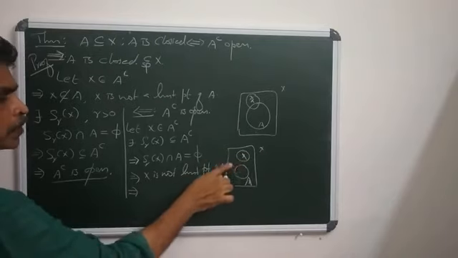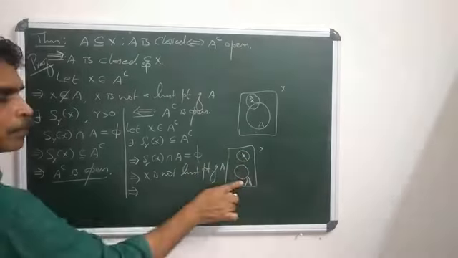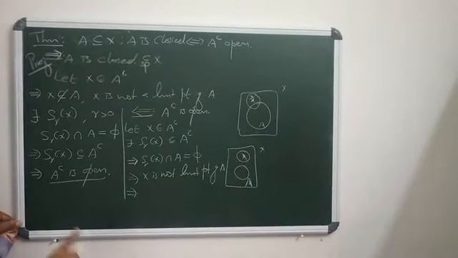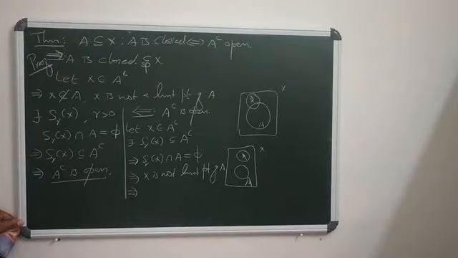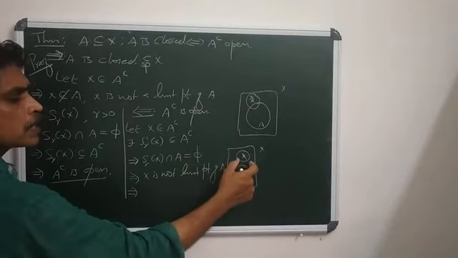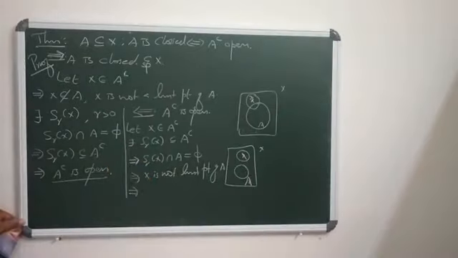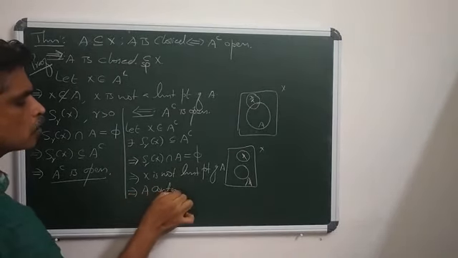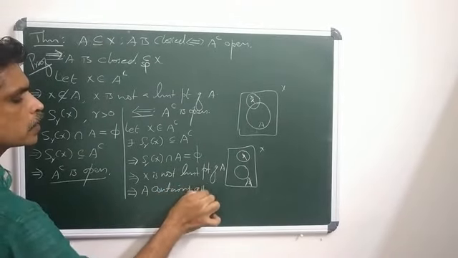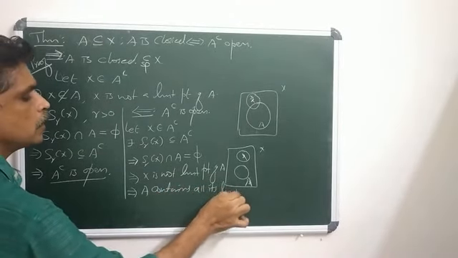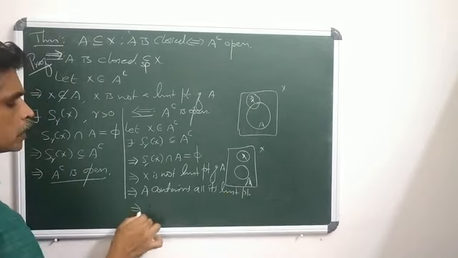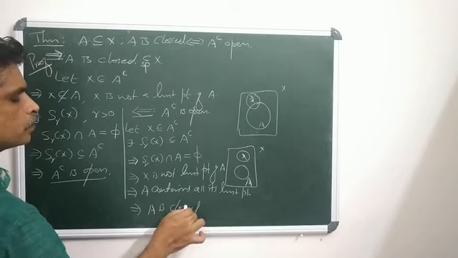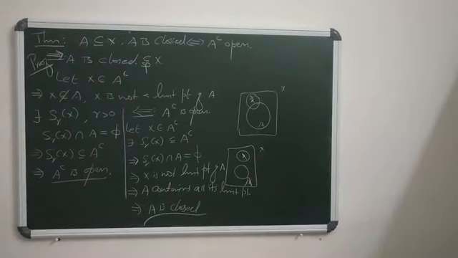X is arbitrary, so if you choose any X from this A complement, that is not a limit point of A. That means A contains all of its limit points. It means A is closed. So this is our proof.